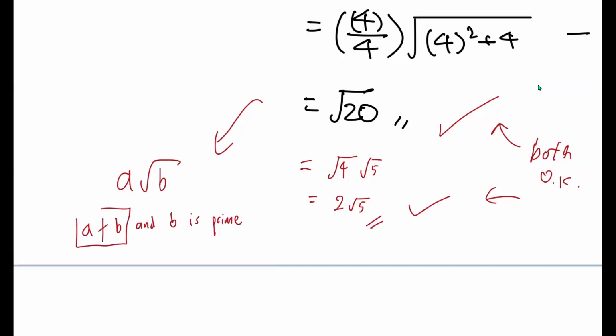This funny notation here means a is not a factor of b. Okay. They could ask something like this. So just be careful. Then you need to know that, oh, you can split it up as square root 4, square root 5, becomes 2 root 5.